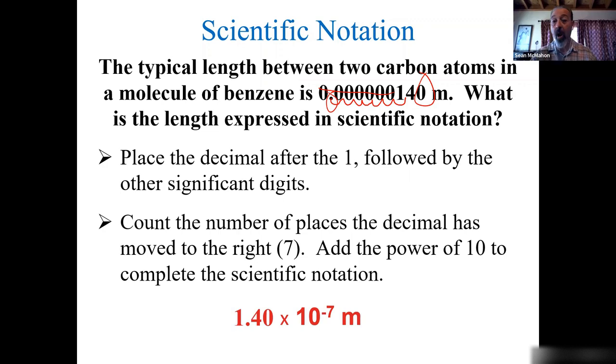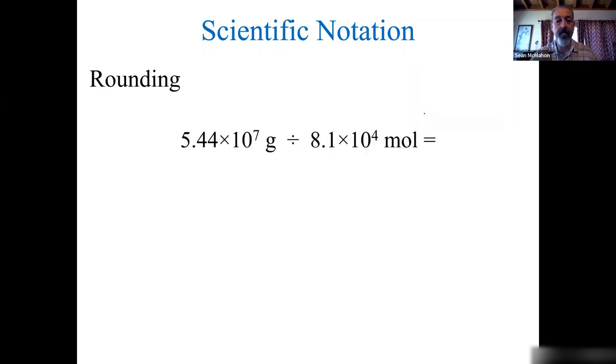It's 1.40, because that trailing 0 is significant, times 10 to the negative 7. Why is this a negative exponent? Because this number is much smaller than 1.